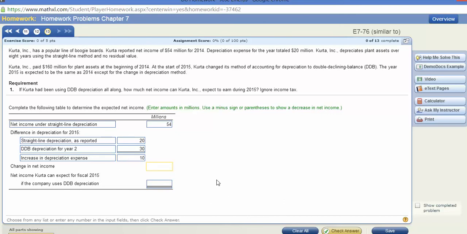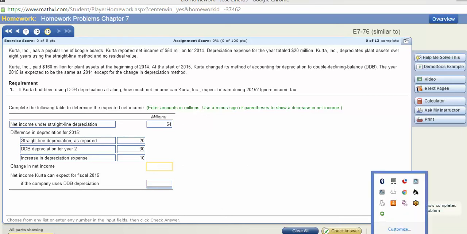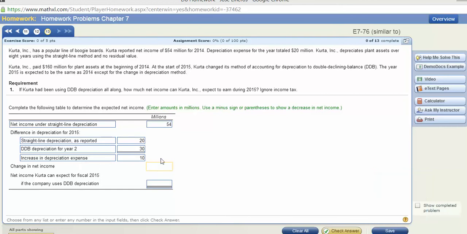So the change in net income would be, well, you have to go back to the 10 million to see that. So if depreciation expense went up by 10 million, that means net income is going to drop by 10 million. And that would make this 44 million. You can see the attraction of this method, double declining balance, because we were reporting 54 million.